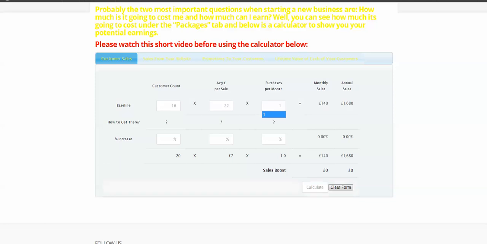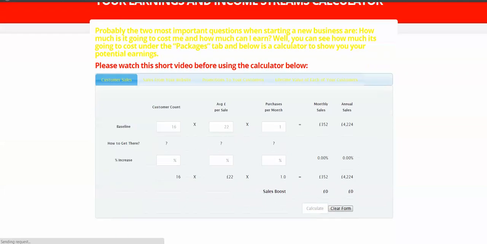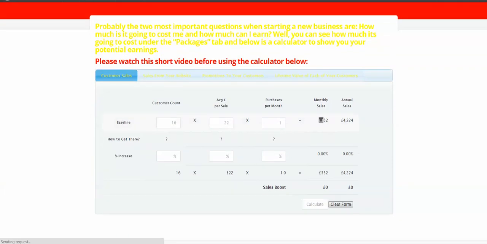Now let's click the calculate button, and what we will come up with is a figure of £352 monthly sales, or £4,224 for your yearly sales. Now, £352 divided by 4, and I'm going to work this out on my calculator, as I'm not absolutely fantastic on these, but 352 divided by 4 would make a total of £88 per week.